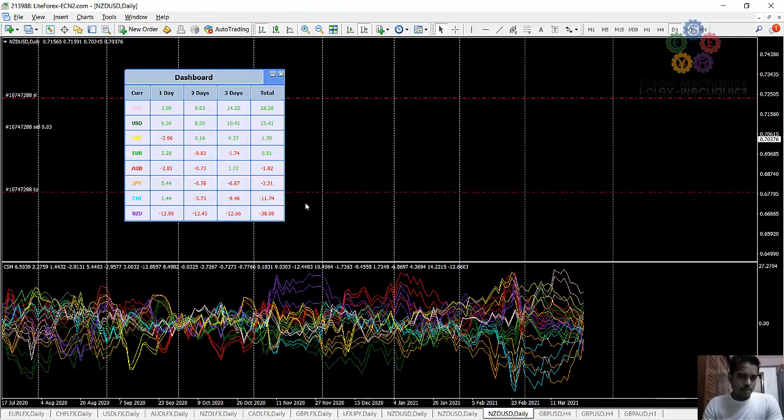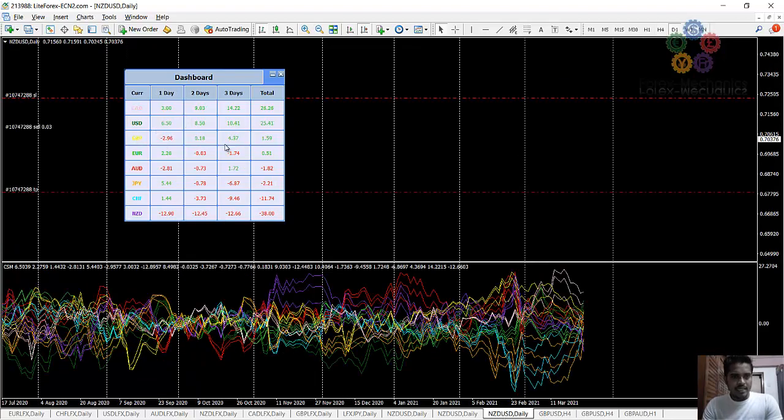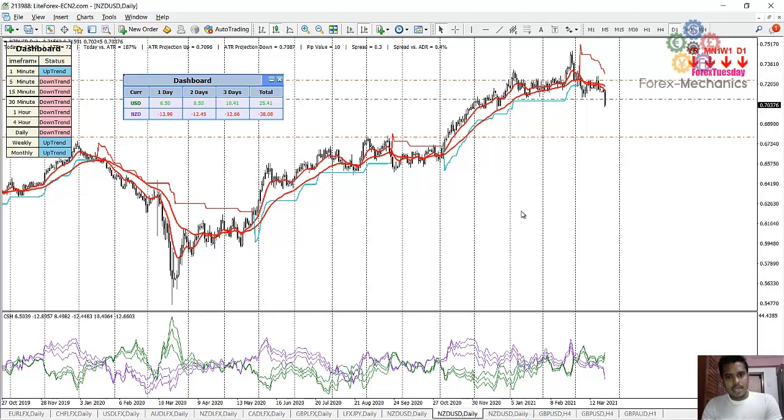Because I'm tracking shorter term time frames like 6 to 12 hours, and then what's happening in the last 3 days, it gives me a kind of heads up on the currency pair that I'm tracking. So in this case, it was the New Zealand dollar, US dollar, where I had seen that the currencies had started moving against each other, and I was just waiting to see a breakout.